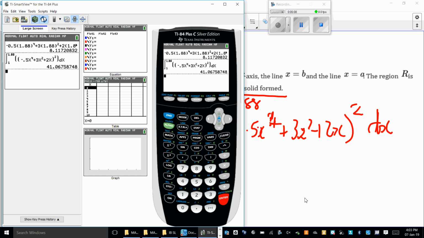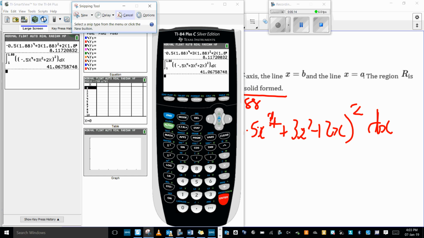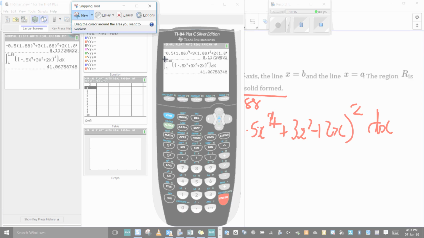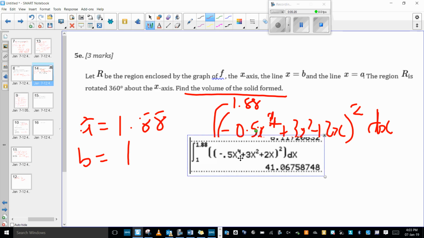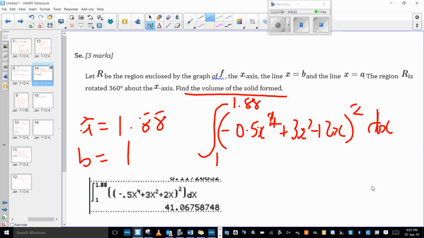Oh, and remember there's pi. So it's going to be 41.067587 multiplied by pi, because it's pi f(x) squared.